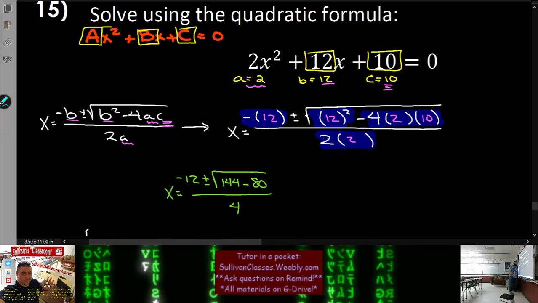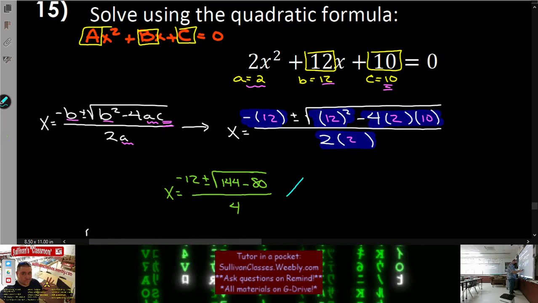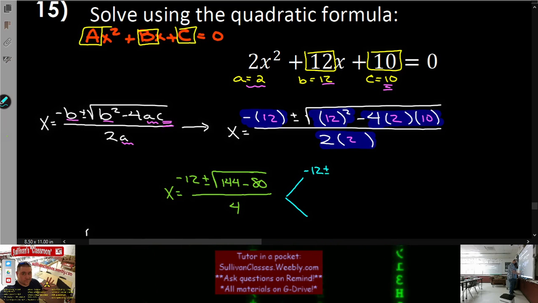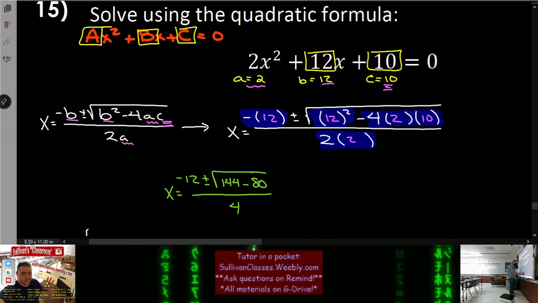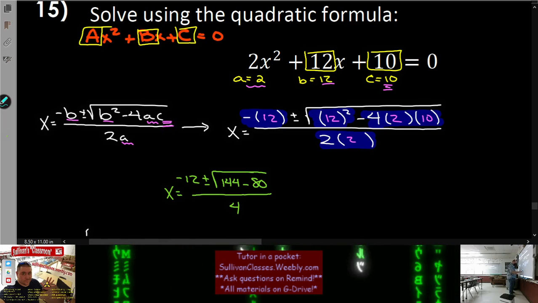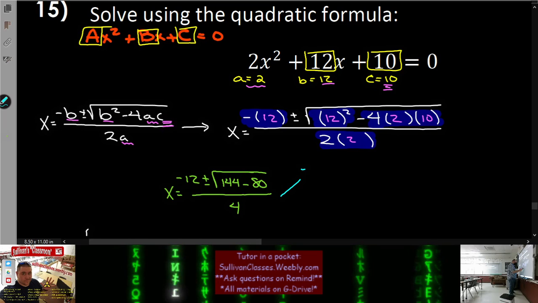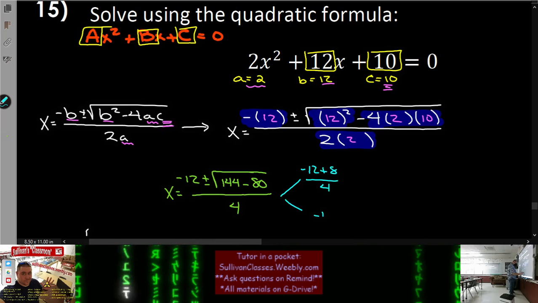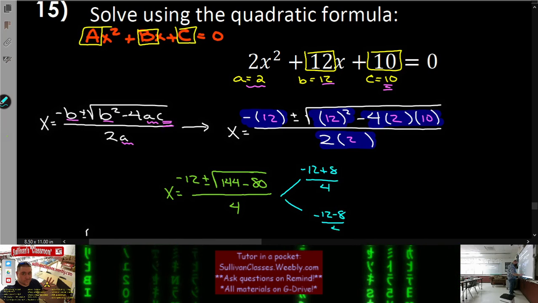Okay. We said it was 64. I'm pretty sure that's one of my special numbers, because the square root of 64 is just nicely an 8. So negative 12 plus 8 over 4, and negative 12 minus 8 over 4.